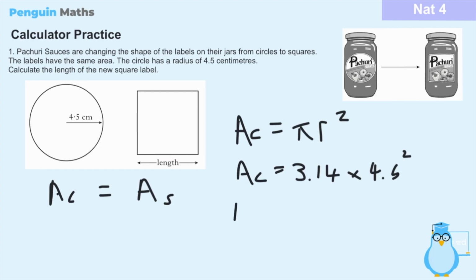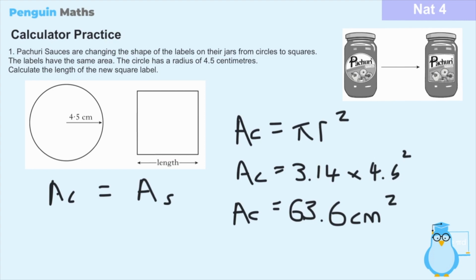And if we put this into a calculator, we get an answer equal to 63.6, and the units would be centimeters squared, because the length is in centimeters, so that means that the area is going to be in centimeters squared.